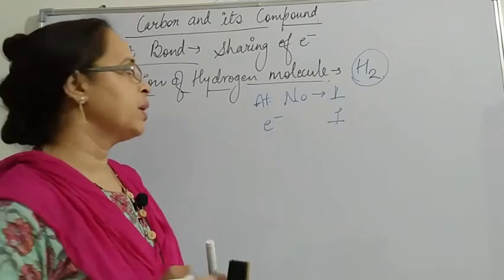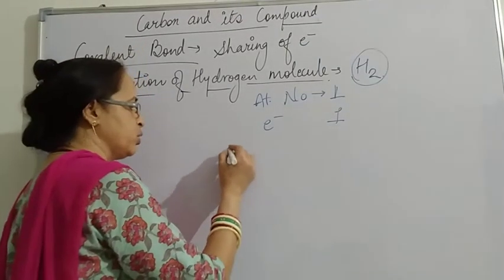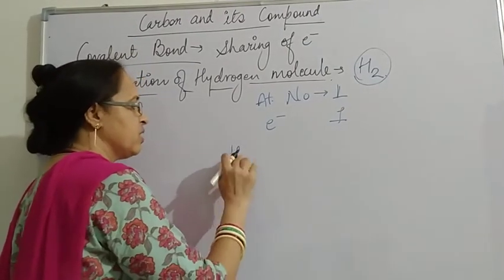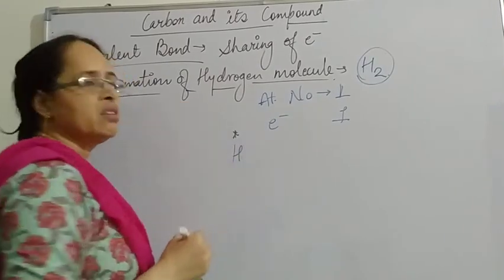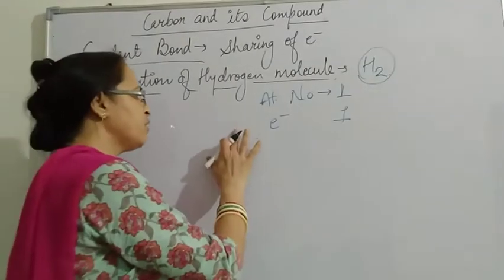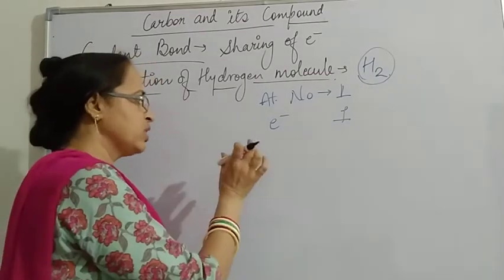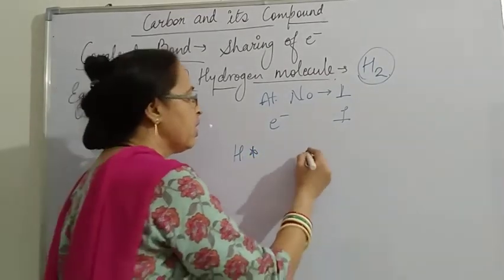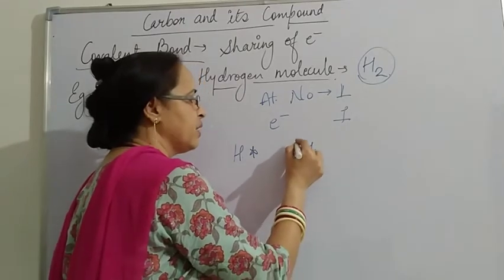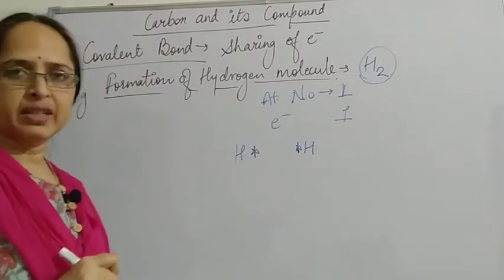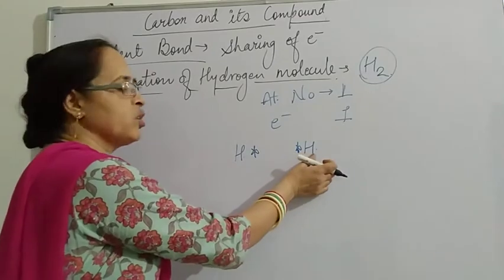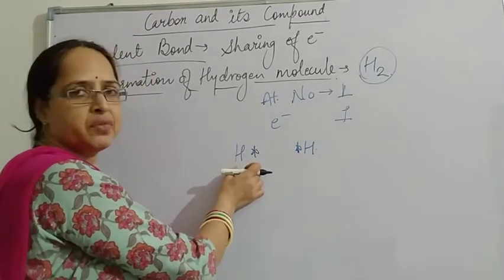Over here, 2 hydrogen atoms are present to form 1 molecule. In the electron dot structure of hydrogen, this is one hydrogen atom having 1 electron, and this is the other hydrogen atom with another electron. This electron is of this hydrogen and this electron is of this hydrogen.